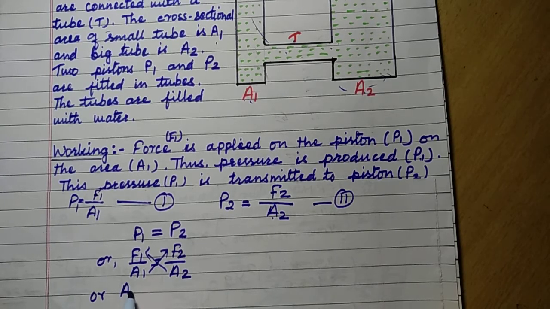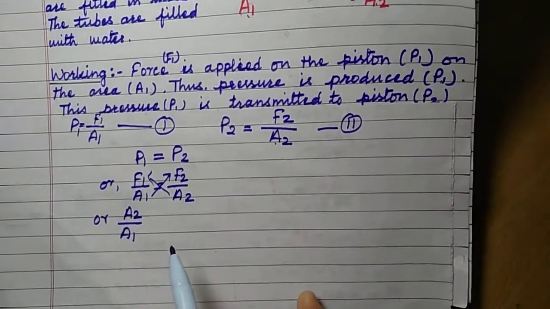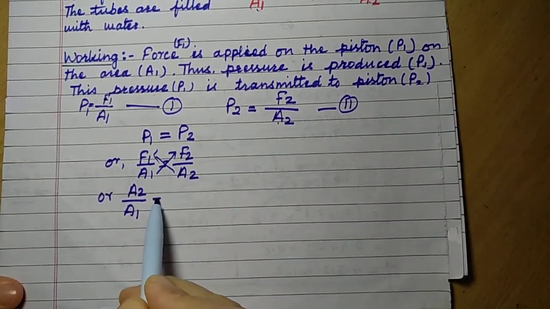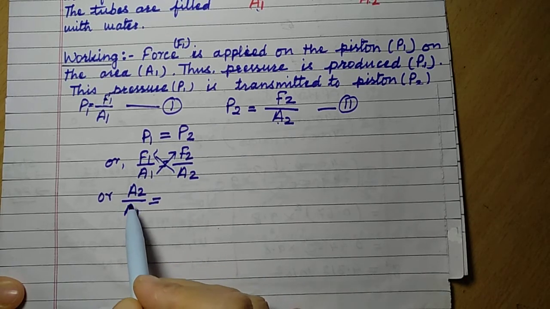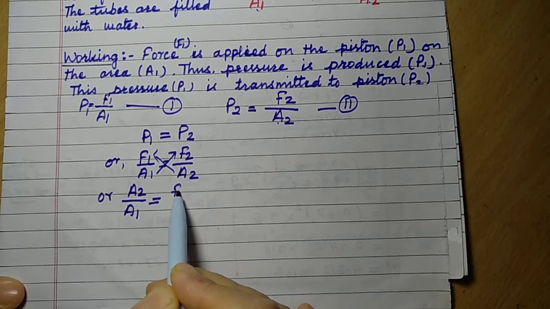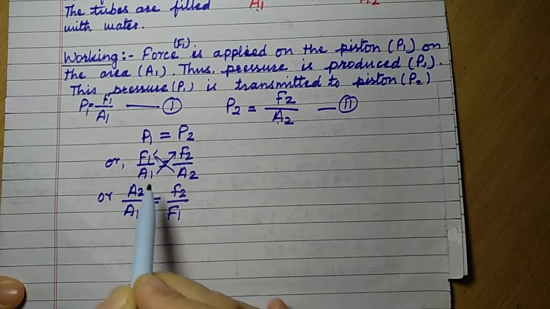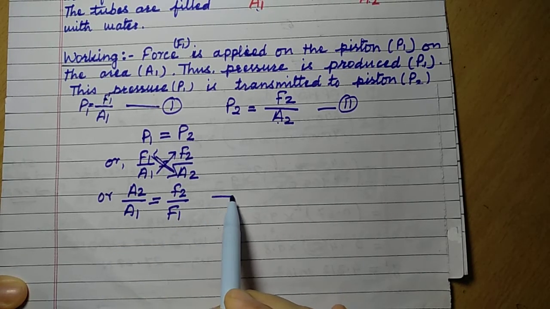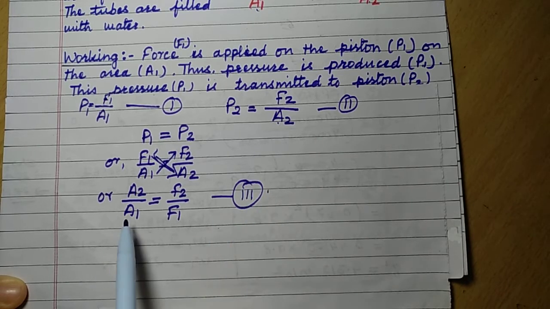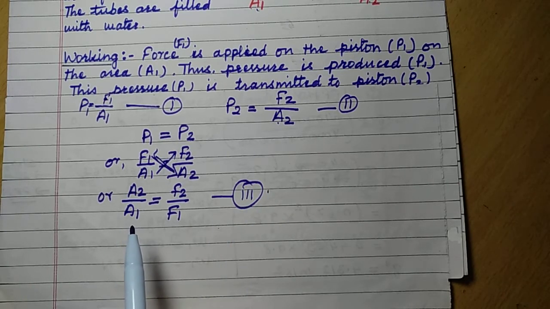So A2 divided by A1 is equal to F2 divided by F1. Let this be equation number 3. And this is the principle of hydraulic machine.